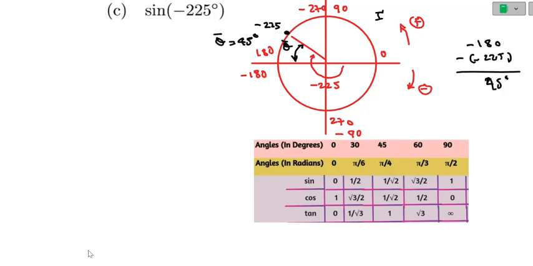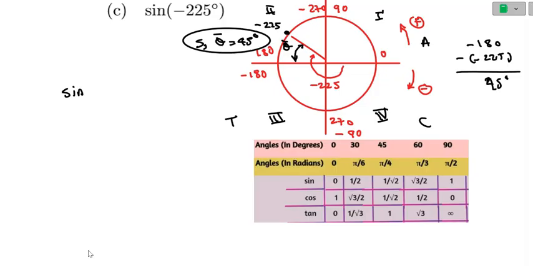Now this is quadrant 1, quadrant 2, quadrant 3, and quadrant 4. And again, All Students Take Calculus, so the sine over here can be positive, and you're all set.